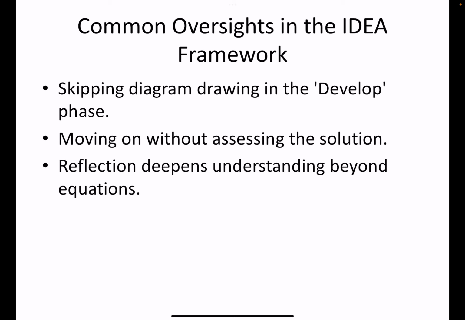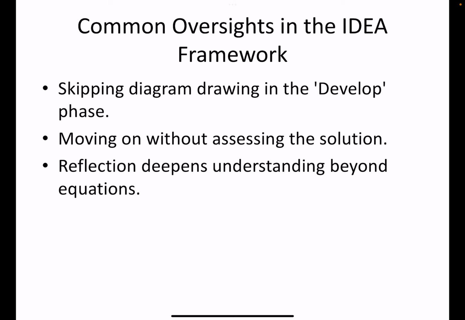Now I want to highlight a few common mistakes students make when trying to use this framework. The most common oversight by far is skipping steps. Many students want to jump directly from identify to evaluate. They skip drawing a diagram during the develop phase. This is a critical mistake. The diagram is where you translate the words of the problem into a physical model.